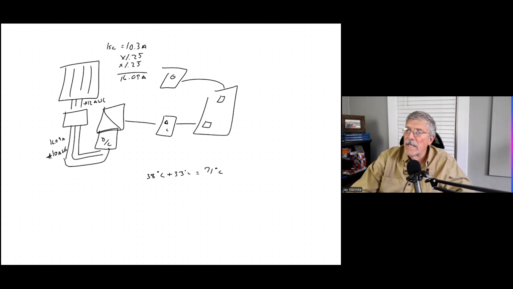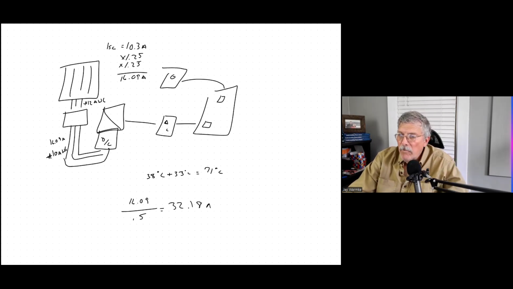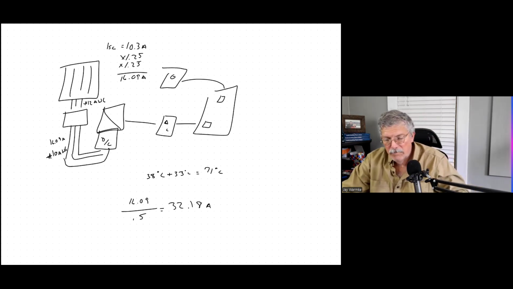So in this case, 16.09, and if I divide it by 0.5, I'm going to get 32.18 amps. So now I need wire capable of carrying 32.18 amps. If I look at the table on page 111, what wire?